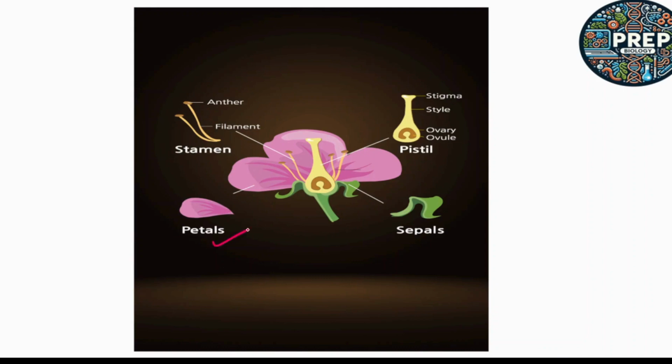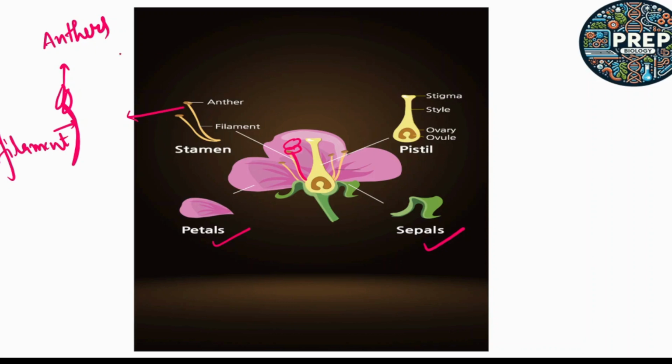We have petals, sepals. Now the reproductive parts: this part is called the male reproductive part. And in this structure, we have these anthers, and the stalk of the anther is called the filament.